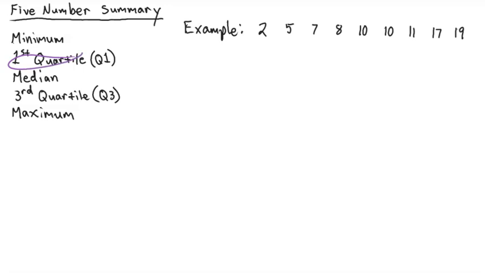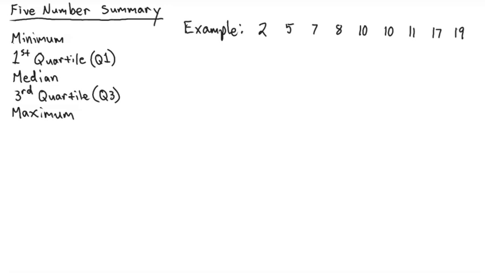One of them is called the first quartile, and the other one is called the third quartile. And one way of thinking about the first quartile, which we sometimes call Q1, it's the median of the bottom half of the data set, and the third quartile is the median of the top half of the data set.